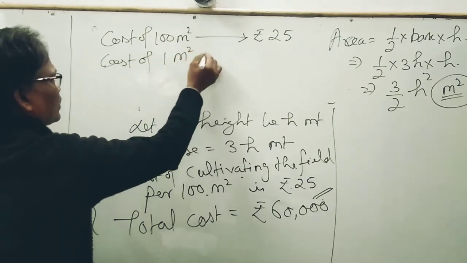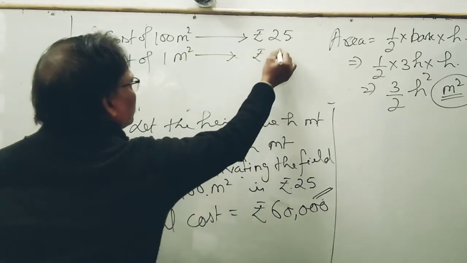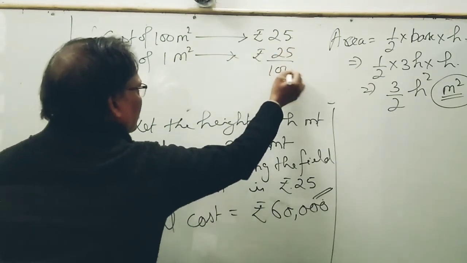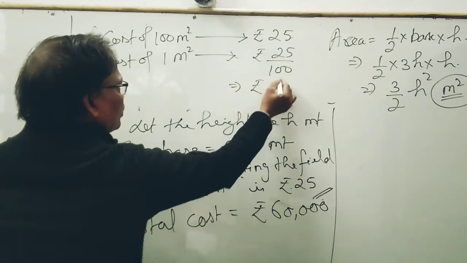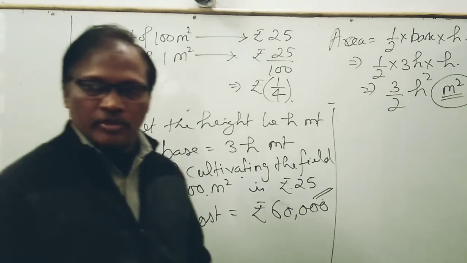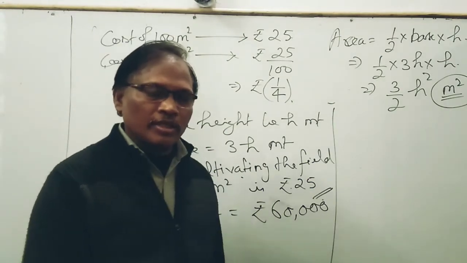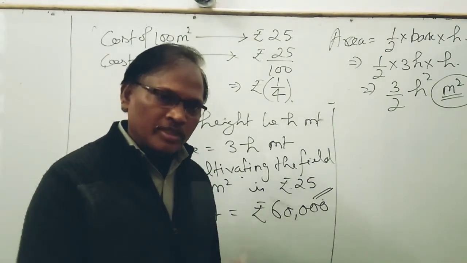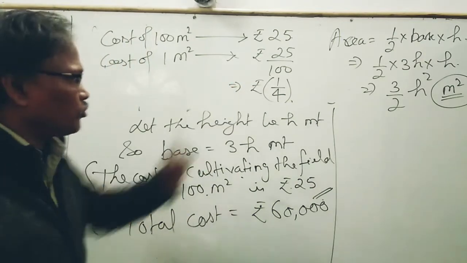Cost of cultivation of 1 meter square is rupees 25 by 100, means rupees 1 upon 4. This is the cost of 1 meter square. 100 meter square की कॉस्ट रुपीज 25 है, तो 1 मीटर स्क्वायर की कॉस्ट हमारी 1 by 4 रुपीज है.